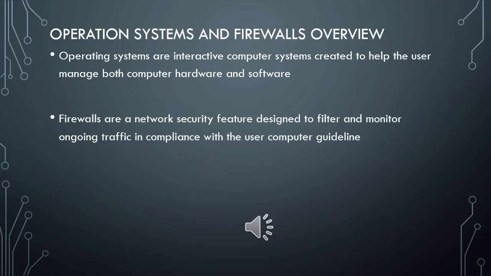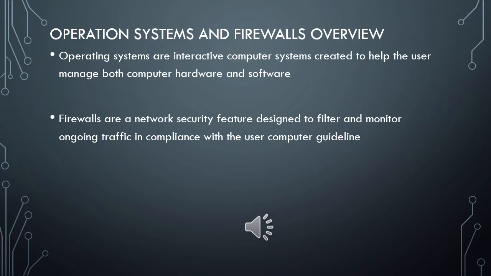Starting with the first slide is the introduction to the operating system and firewall. The operating system is an interactive computer system created to help the user manage both computer hardware and software, making a computer work as it is supposed to and how it is supposed to, according to the user's interest.